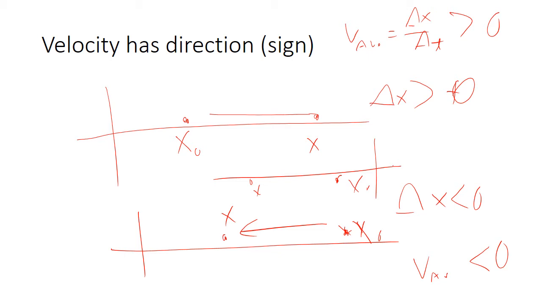When you pick an origin, you pick which direction is positive, and that defines the sign of the displacement, which therefore defines the sign of the velocity.